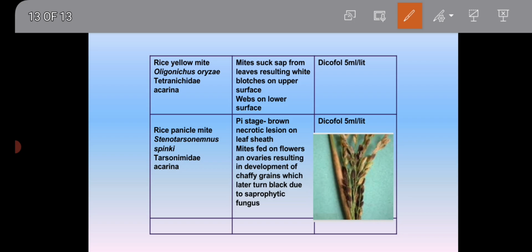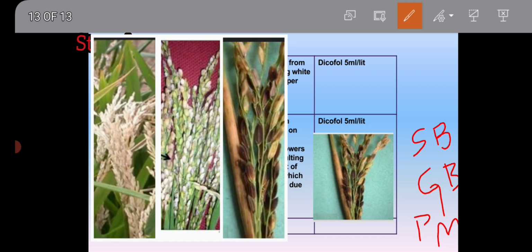So this chaffy grain symptom, on what pests have we seen from first? We have seen on rice stem borer, rice gundhi bug, rice panicle mite. So in these three insects we have seen the chaffy grain symptom. In the rice stem borer, what happened? Complete panicle is chaffy due to stem borer attack.